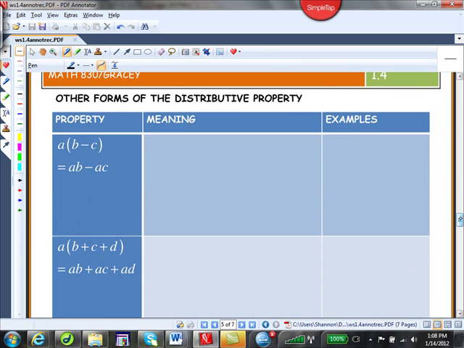Now we'll move on to other forms of the distributive property. So here we go. This means that when we have A times the quantity B minus C, that is equal to A times B minus A times C. Multiplication distributes over subtraction.